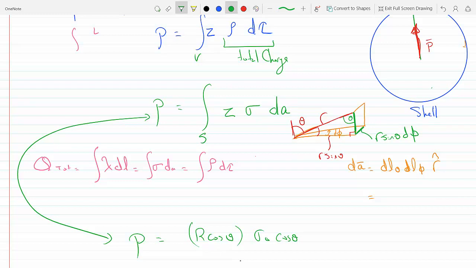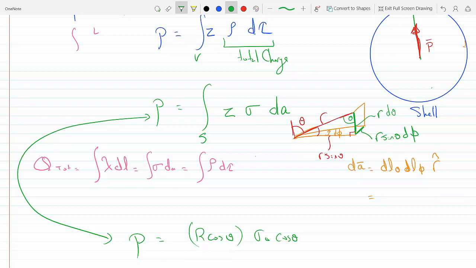And we will get dA in that case, r sine theta. This guy here, this is a d theta, will be r, and that triangle will be r d theta. So r sine theta, r d theta.